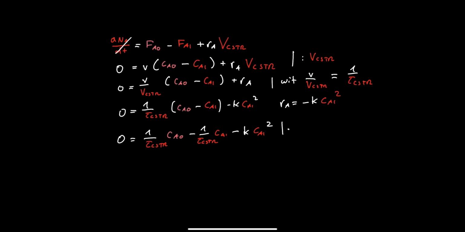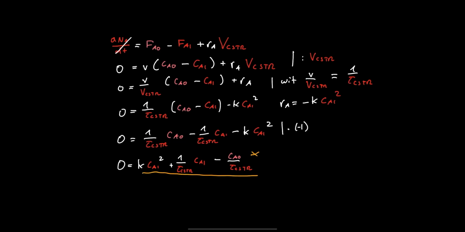So let me multiply this equation with -1 and rearrange the equation a little bit. So 0 is going to be equal to K times CA1 squared plus 1 divided by tau CSTR times CA1 minus CA0 divided by tau CSTR. To solve this, let me just remind you of the following.